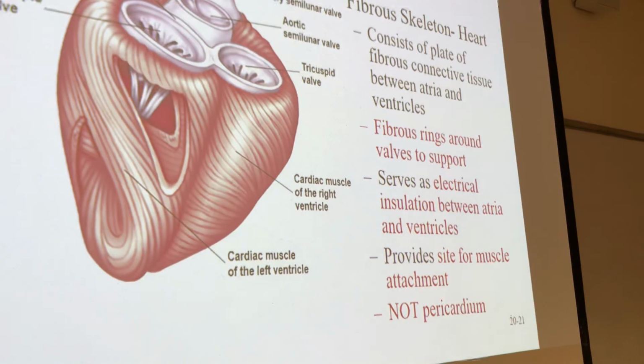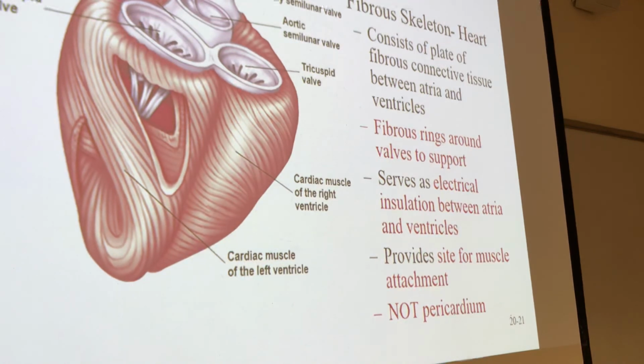As the atria stimulate and contract, then we stimulate the ventricles. Atria first, then the ventricles, right? It allows those two separate timings of the contractions. So then you don't have all four chambers contract at the same time, which would be bad, obviously, right?